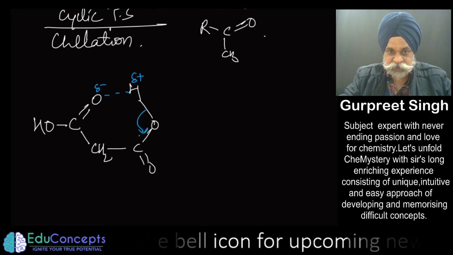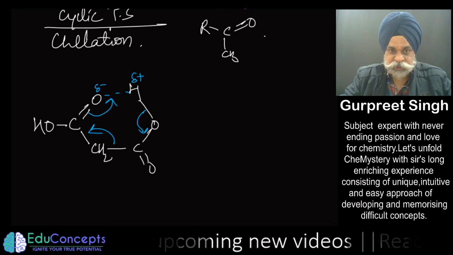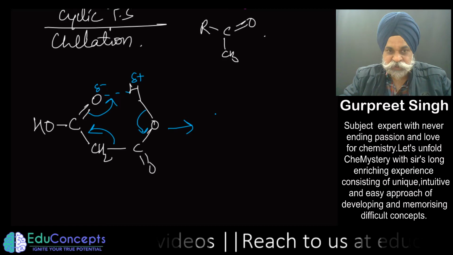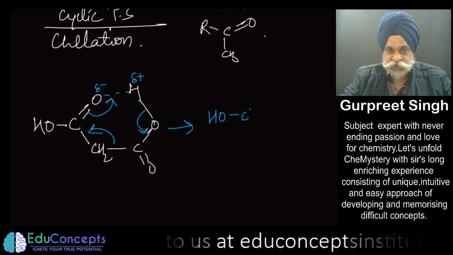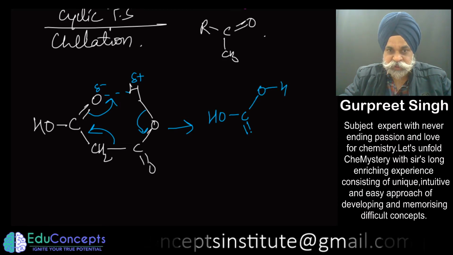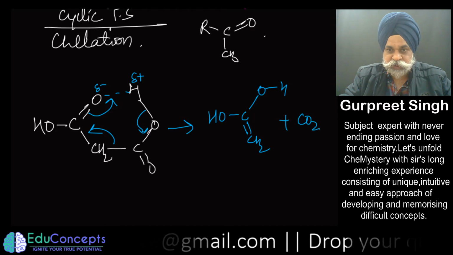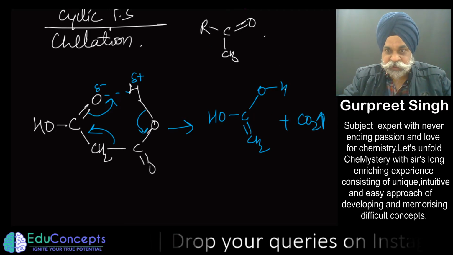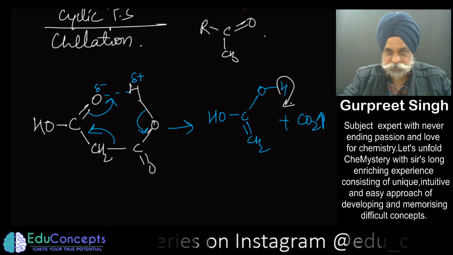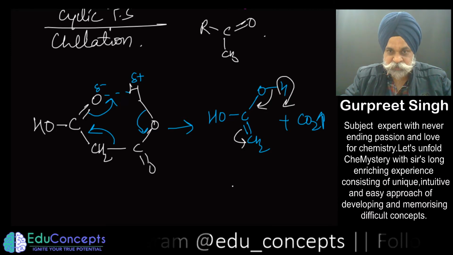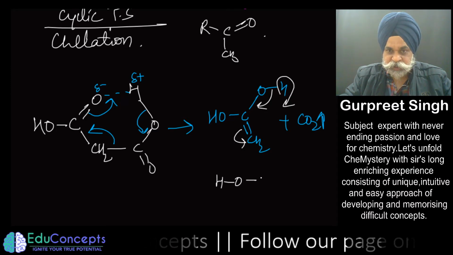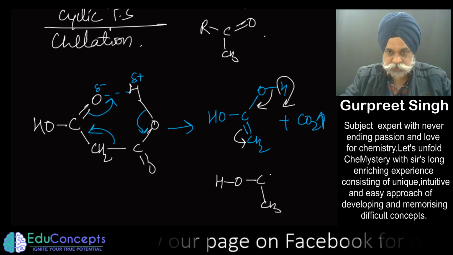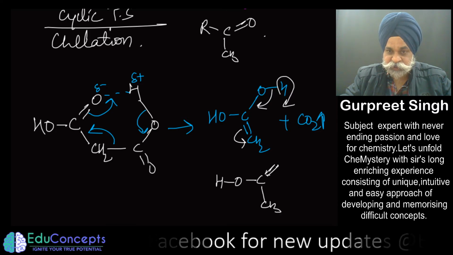So again, this would go out, something like this would happen. As a consequence of this, you would get OH here, double bond CH2, and this carbon dioxide escapes out. Again, it tautomerizes. This bond goes here, this goes here. So you get carboxylic acid with one carbon less.